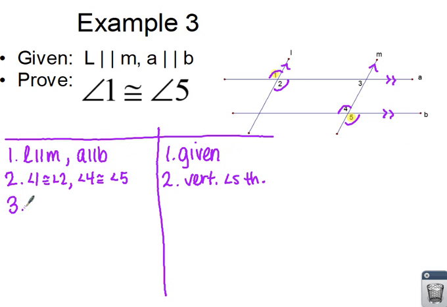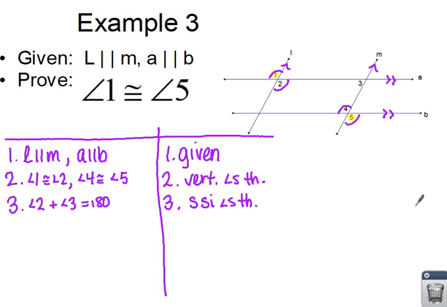Alright, now we have to figure out a link between angle 1 and angle 5 in order to do this. And I see this 3 sitting here. And I say, what can I do with 3 that's really going to be worth something? So I know that angle 2 plus angle 3 equals 180 because they're same side interiors.